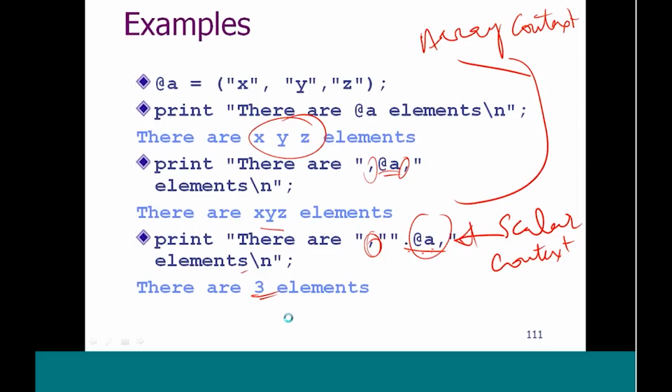So far, we have been learning that as a scalar context, where we used it to input one value at a time. Now let's see how we can use it in an array context, and how we can use it in an array fashion.